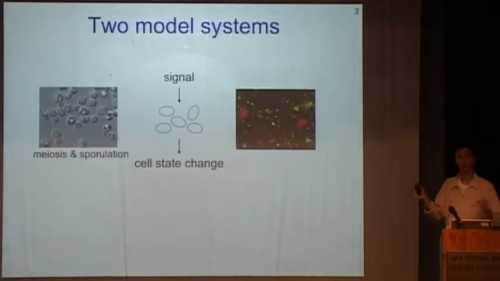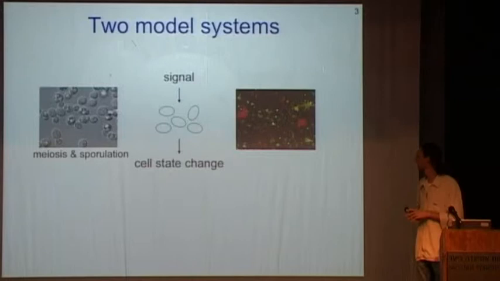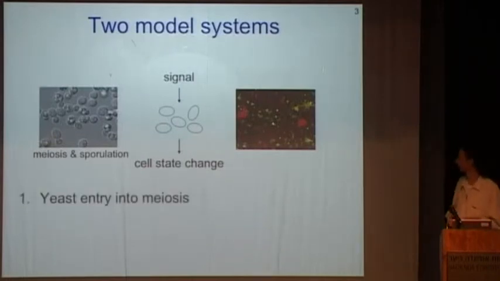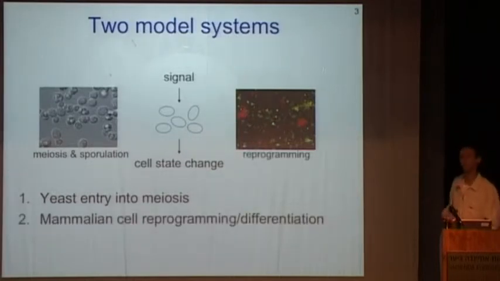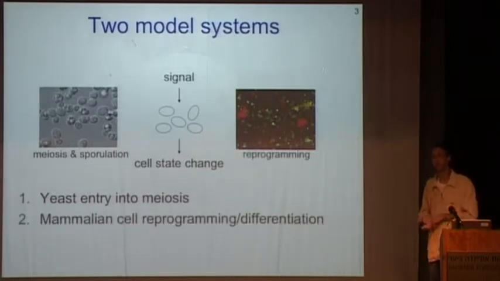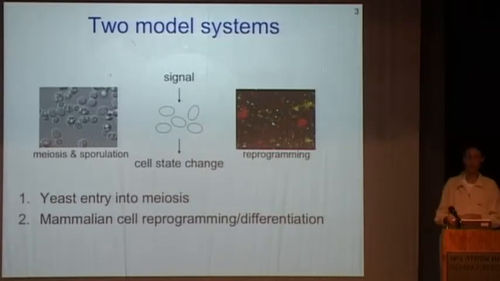We work in two different biological systems. One of them is yeast in a process called meiosis, which I'll describe in a second. And the second is in mammalian cells in processes of reprogramming and differentiation, which we've already heard a lot about this morning.